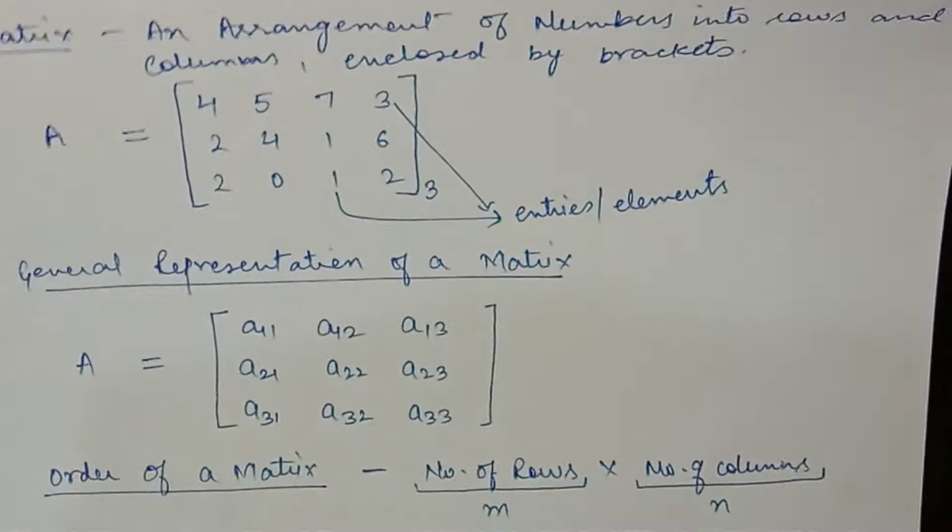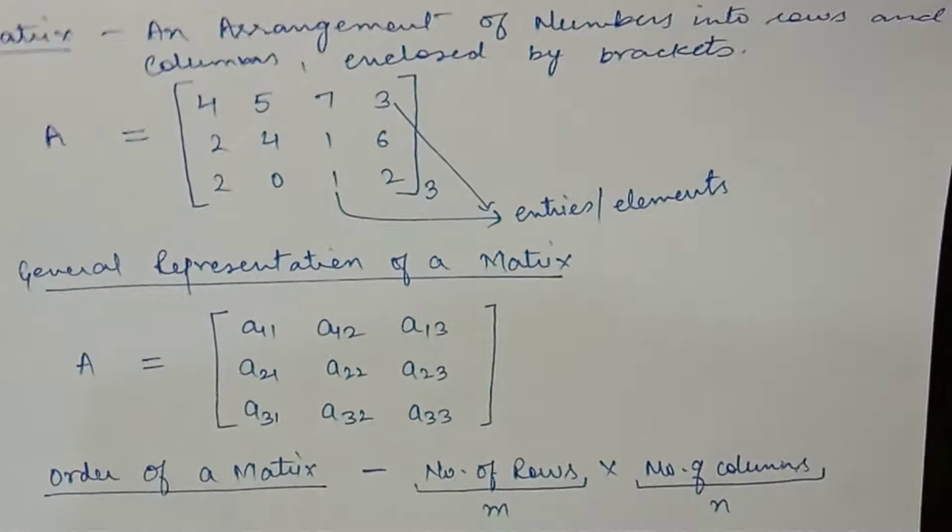Now the third type of matrix that we have is a null matrix. A null matrix is also called a zero matrix. A null or zero matrix is a matrix where all the elements of that matrix are equal to 0. So all elements of that matrix should be 0.